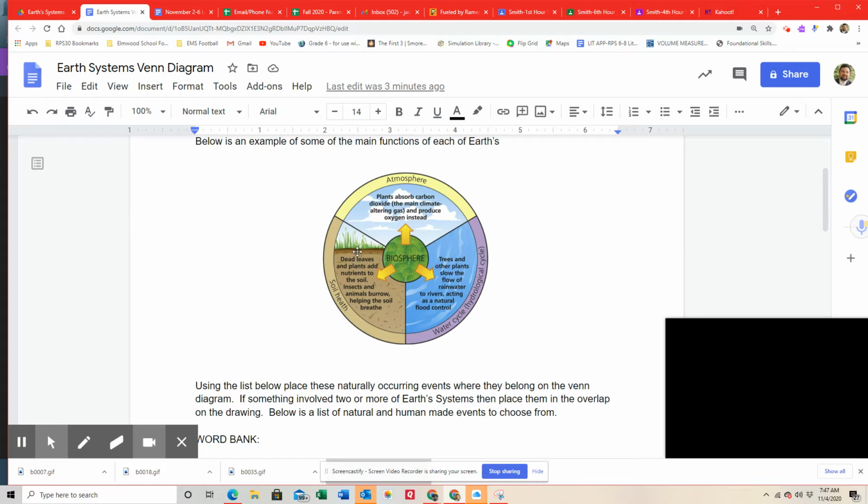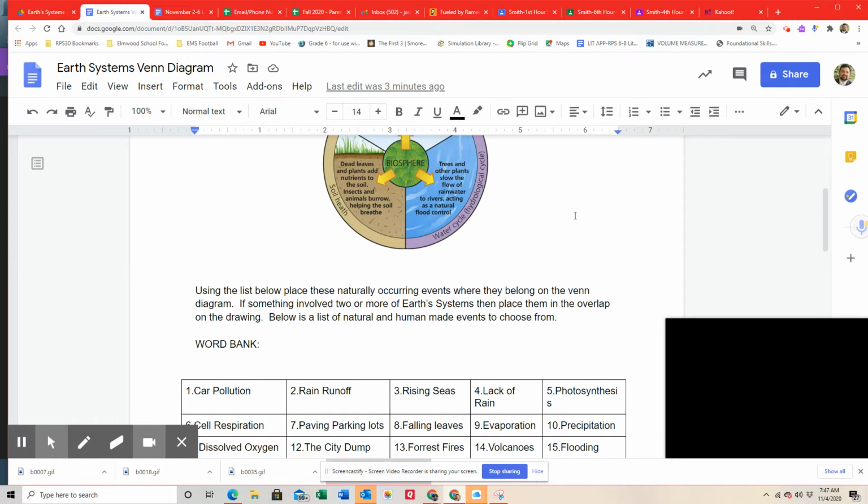If we have a bunch of soil that is runoff due to rain, we have the geosphere affecting the hydrosphere. So there's ways that each of these systems can affect one another, and the biosphere is all a part of that, and the life on Earth changes as a part of some of these interactions.